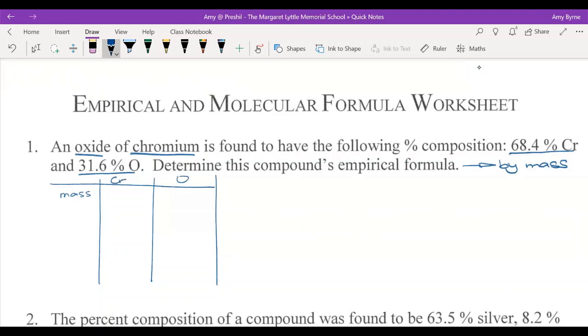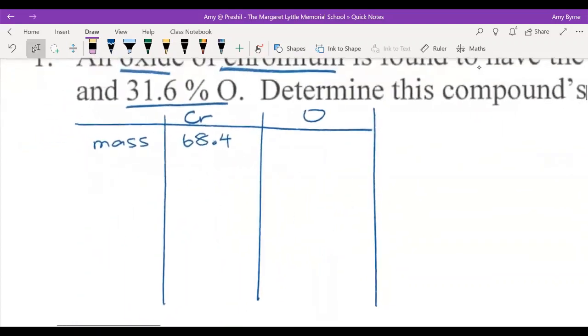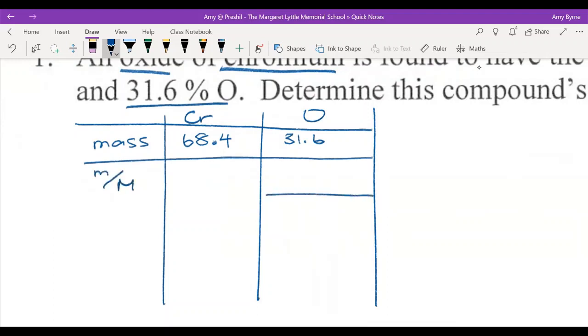I have 68.4% chromium and 31.6% oxygen. What I then need to do is the step of calculation that will convert those into moles for me. So let's divide those by their molar masses.